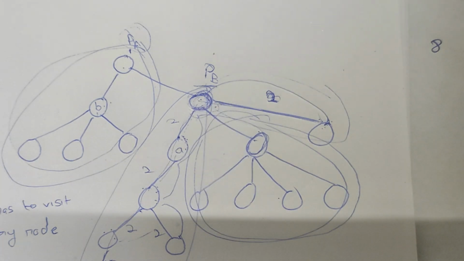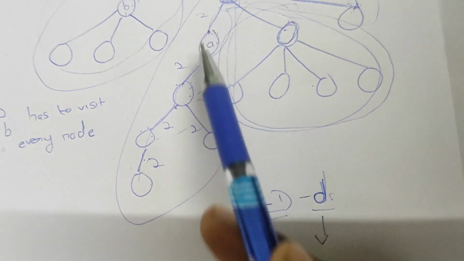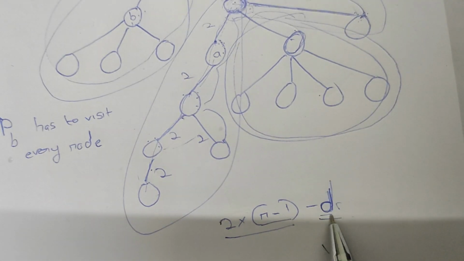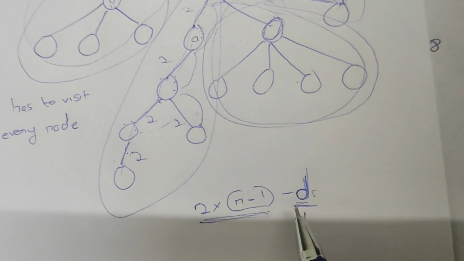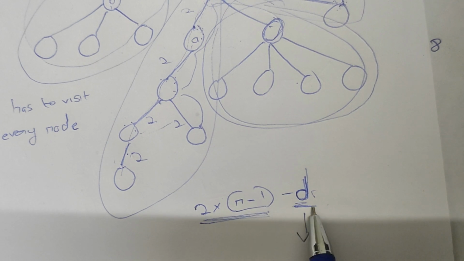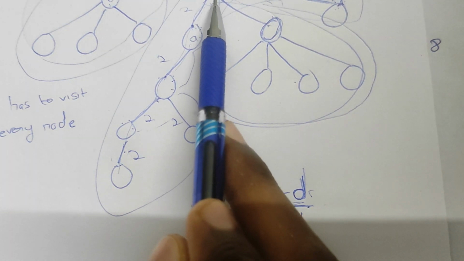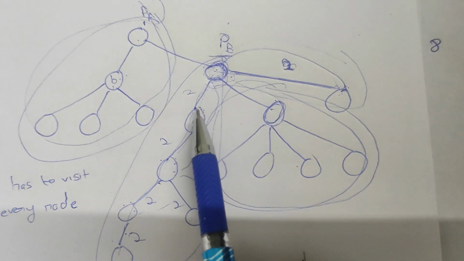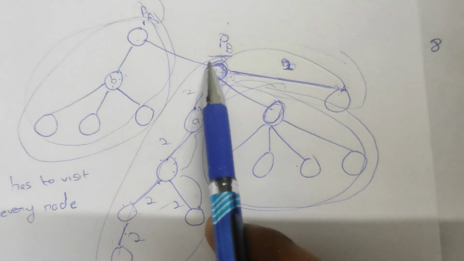Now when PB is located at this point, we will find the longest branch from this point, and we will subtract that from 2 into the total number of edges. So 2 into the total number of edges minus the longest branch will be the number of operations that we need to perform to visit every node from this particular intersection point. We are also using some number of operations to reach this particular intersection point.